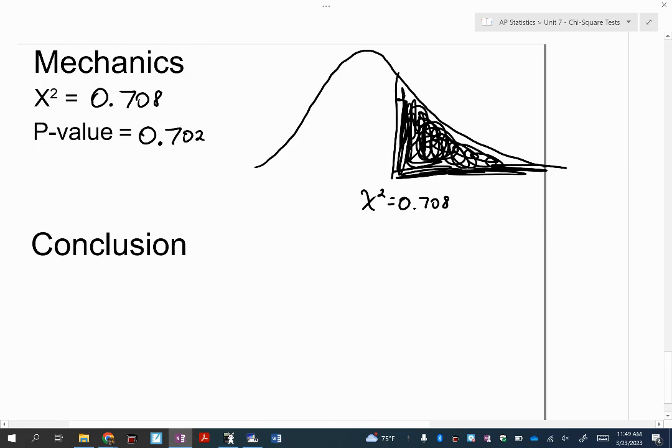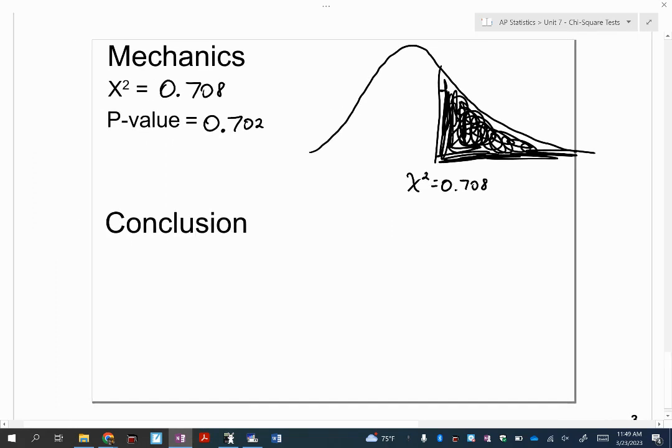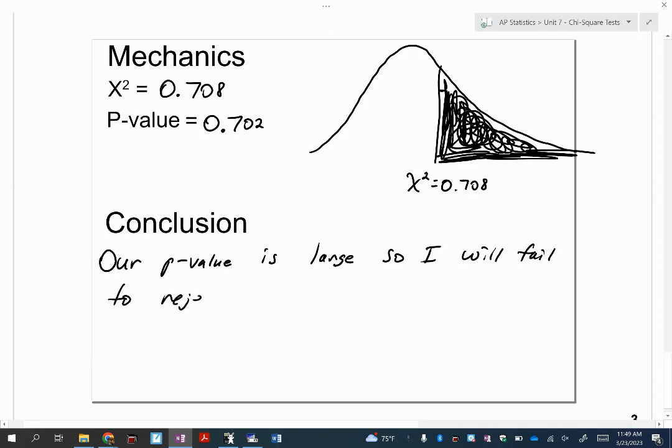And hopefully you know that if your p-value is large, you're not going to have enough evidence to reject the null. All right, so I'm going to write that down for my conclusion. Our p-value is large. So I will fail to reject the null hypothesis.